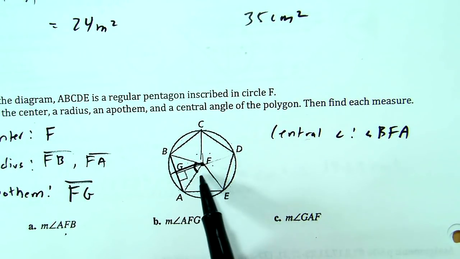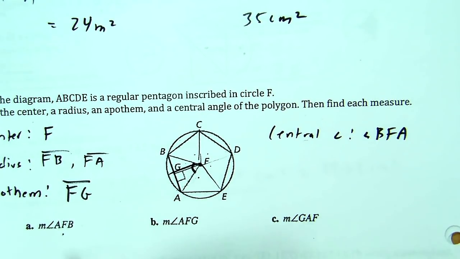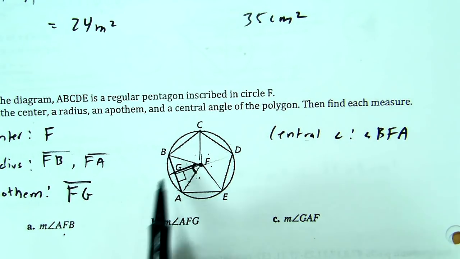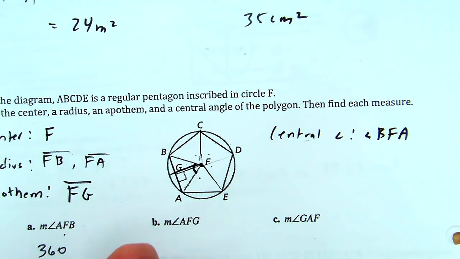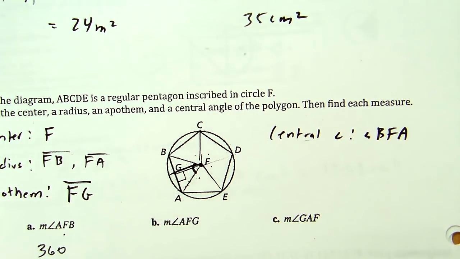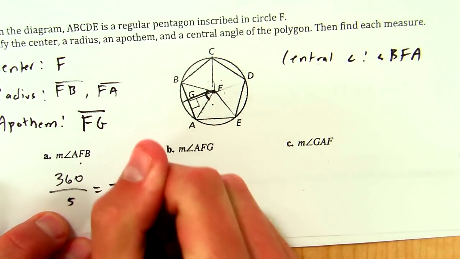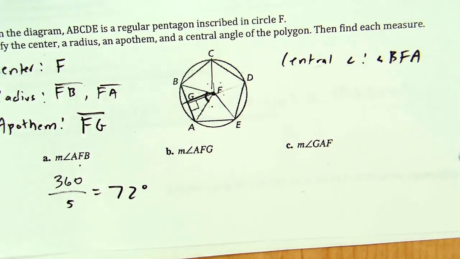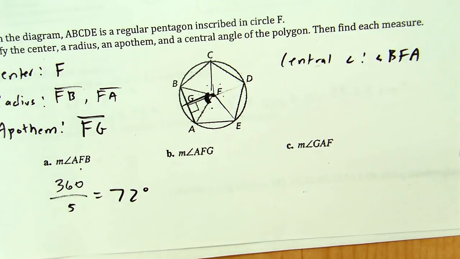I could draw 5 of those angles, and I would fill the circle. And since there's 360 degrees in a circle, this number would just be 360 divided by 5. Because 360 is in the whole thing. I can make 5 of them, so 360 divided by 5 is 72 degrees. So this entire angle right here, this central angle is 72 degrees.